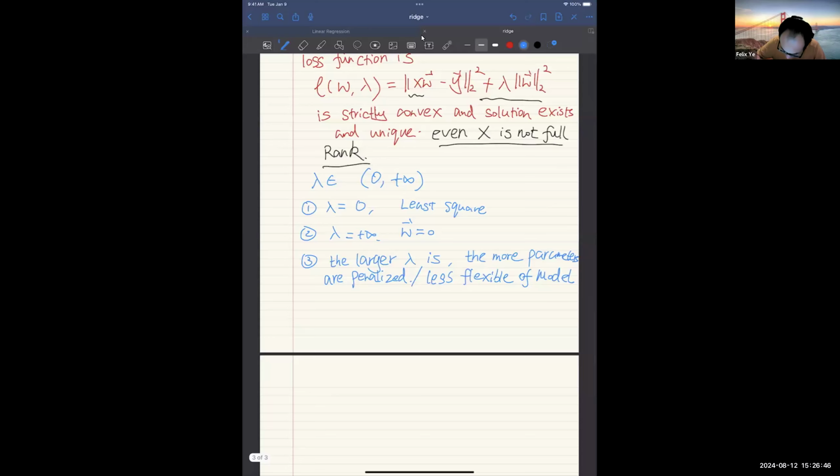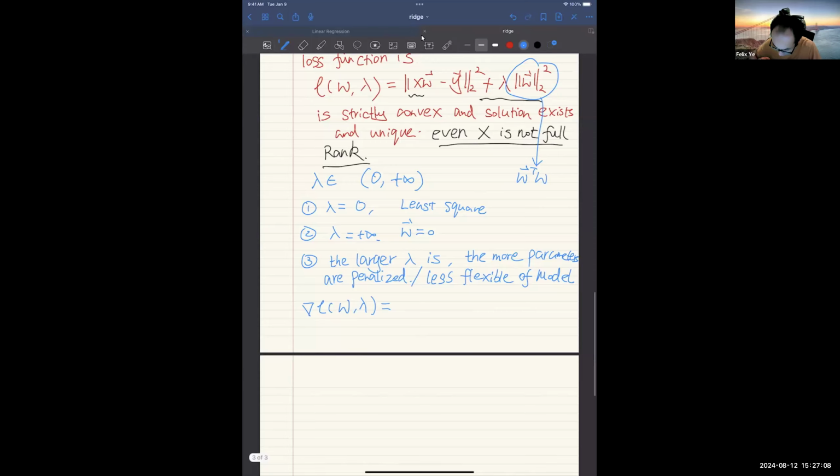Okay, and the gradient with respect to W is fairly straightforward. This whole thing right here you can think of as W transpose W, if we think about W as a column vector.